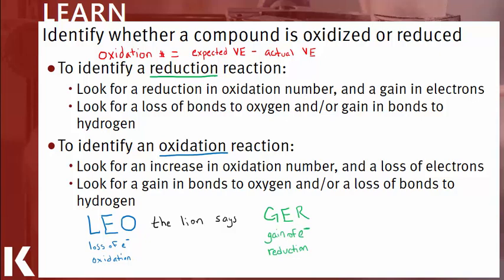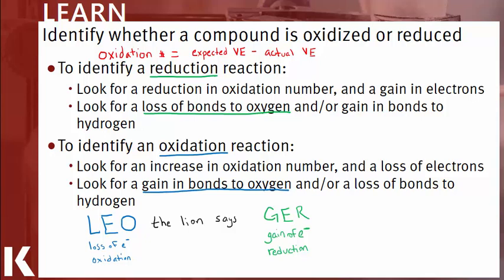Of course, assigning oxidation numbers and comparing can be a task. This is a quick trick to observe an oxidation or reduction reaction. A gain of bonds to oxygen is an oxidation, while a loss of bonds to oxygen would be a reduction reaction. If you think back to assigning oxidation numbers, recall the importance of electronegativity. The more electronegative oxygen will pull electrons away from the carbon, resulting in carbon losing electrons.